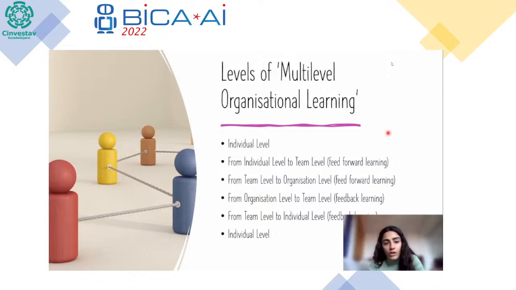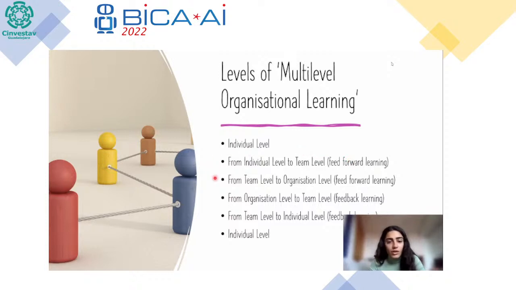Then feed-forward learning takes place from individuals to their teams by sharing knowledge and learning from each other. It's a form of feed-forward learning because individuals create a shared mental model for their team here.